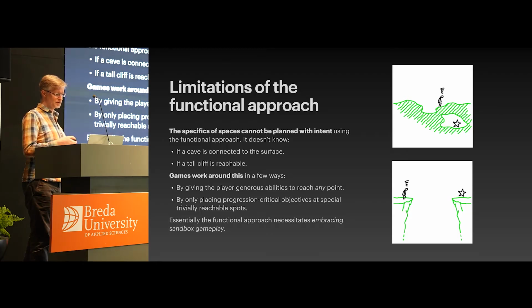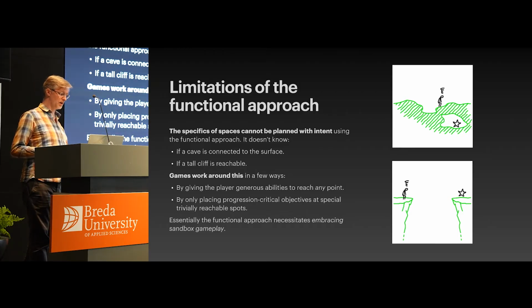There are some limitations of the functional approach. For example, a cave doesn't know if it's connected to the surface. If you have some vital resource on the top of a cliff, the approach can't know if it's actually reachable if the player can fly. And games that use the functional approach work around this in a few ways, like by typically either giving the player very generous abilities to be able to always reach any point. For example, in Minecraft, you can just modify the terrain. Or by placing progression-critical objectives at special, trivially reachable spots. Essentially, it becomes a necessity to embrace sandbox gameplay.